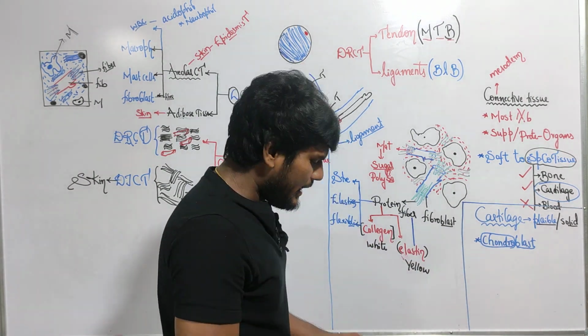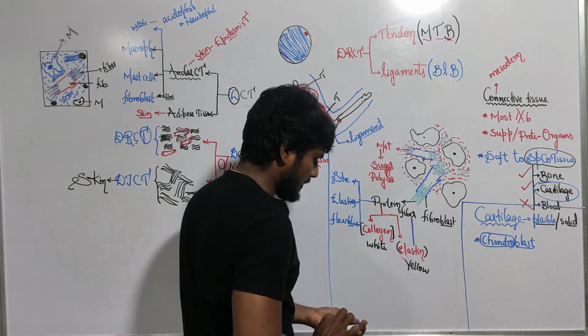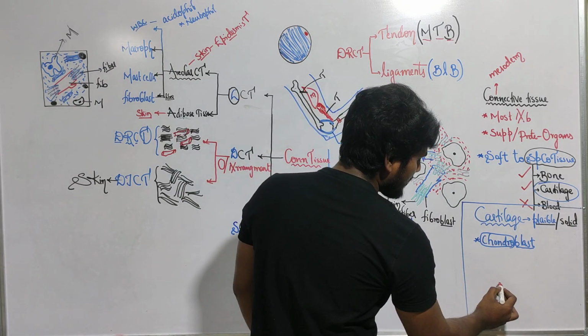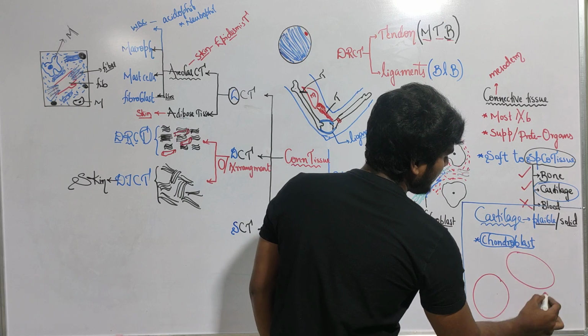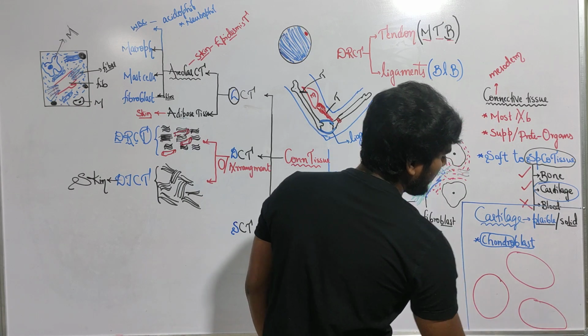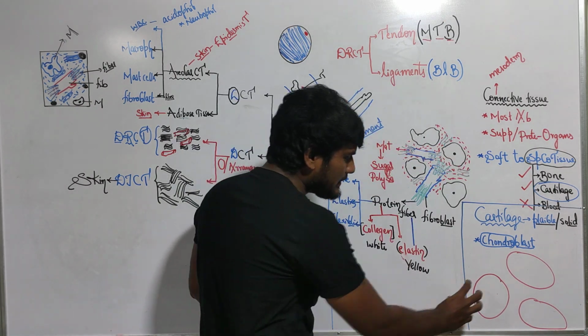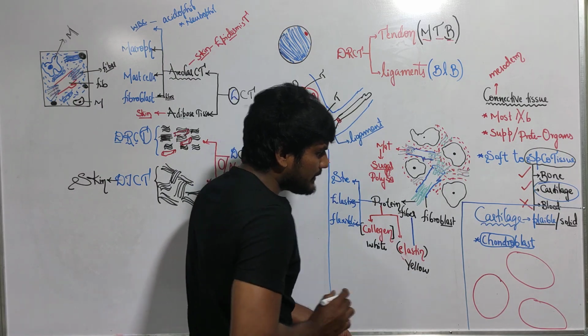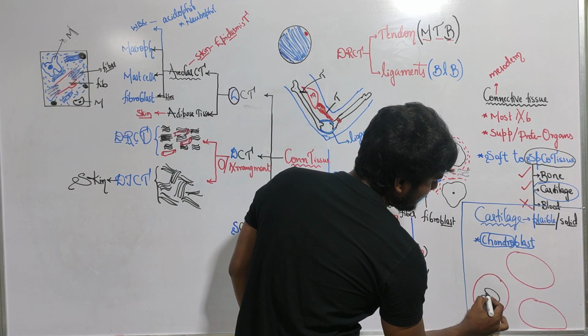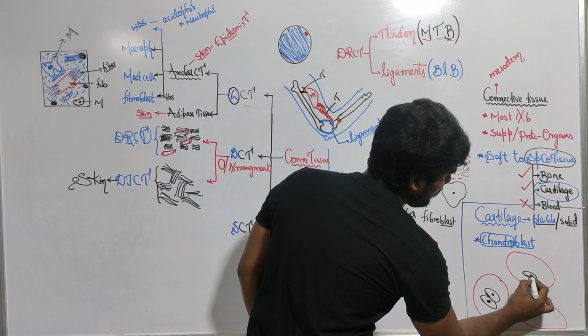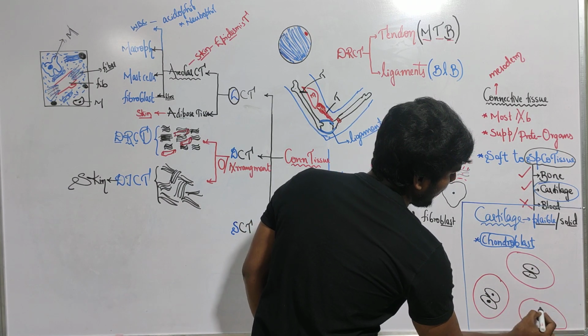Let me represent. Here there will be an empty space. Just imagine this is an empty space in the cartilage, and this is another empty space in the cartilage. Inside this empty space there is a presence of cells like this. These cells we call chondroblasts.